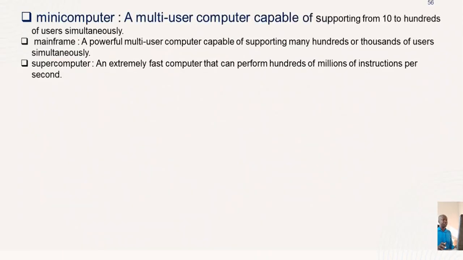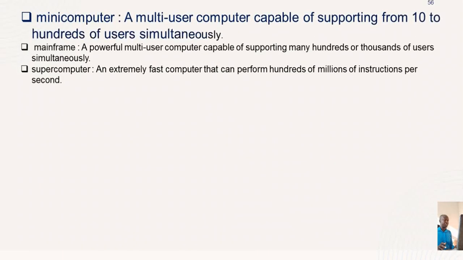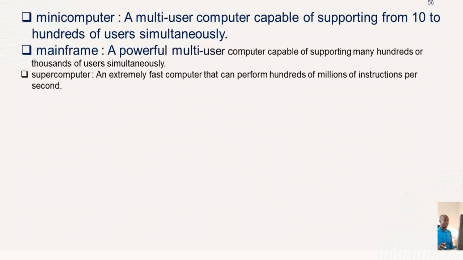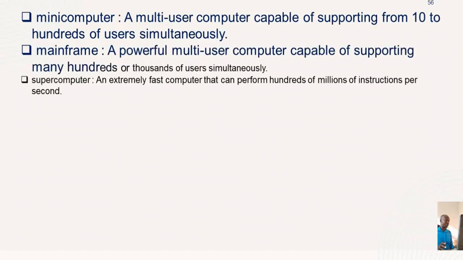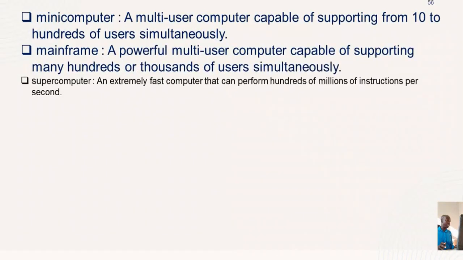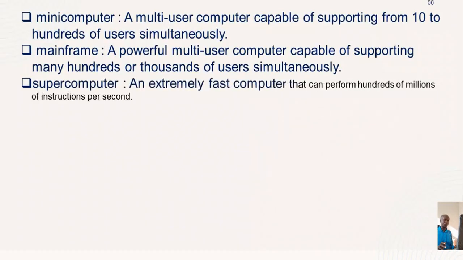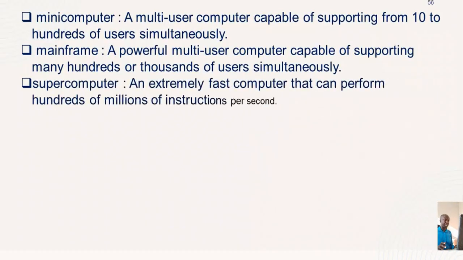Mini computers. A multi-user computer capable of supporting from 10 to hundreds of users simultaneously. Mainframe computer, a powerful multi-user computer capable of supporting many hundreds or thousands of users simultaneously.